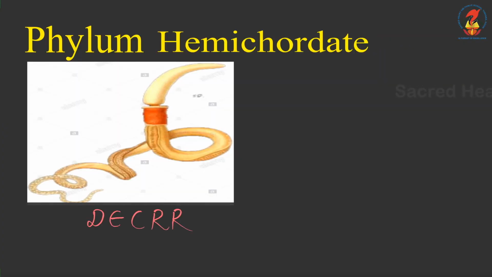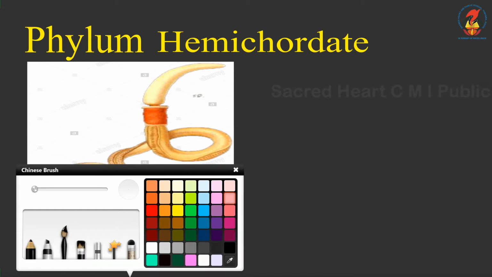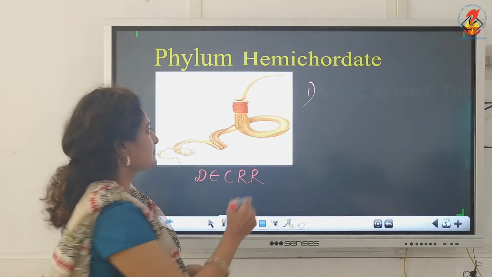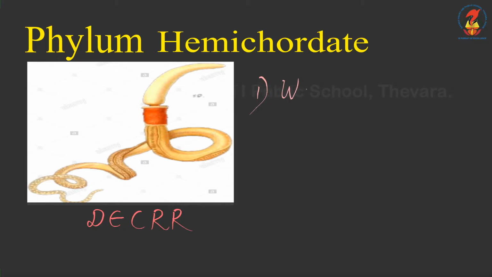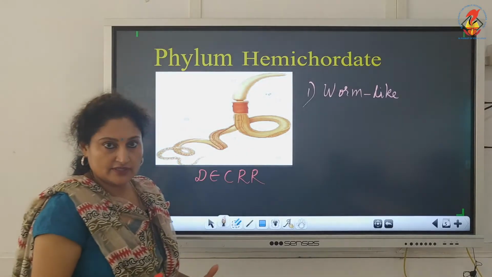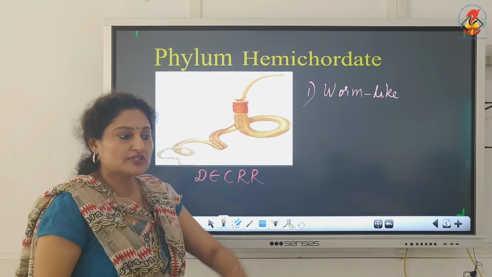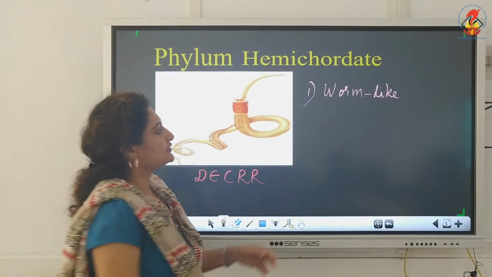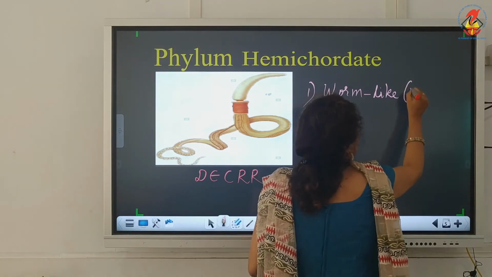Next, the last phylum, phylum Hemichordata. Now, the distinct feature of this particular phylum is that these are worm-like. The body is worm-like. And if they're worm-like, they should either be inside our body or inside the body of any animals, or they should be on the earth like an earthworm. But these are found in the marine environment.